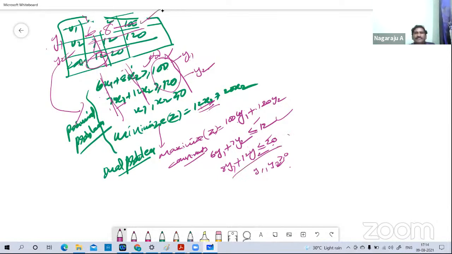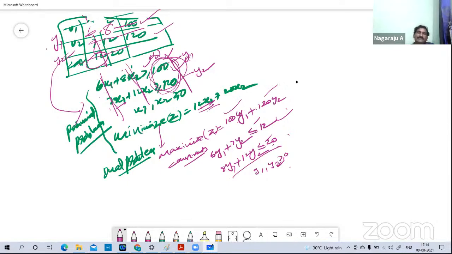Next, the objective function is 100y1 plus 120y2. It is clearly a maximization. This kind of conversion is called primal to dual problem.